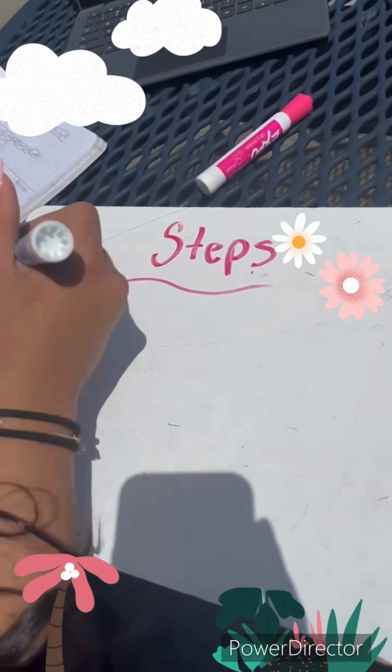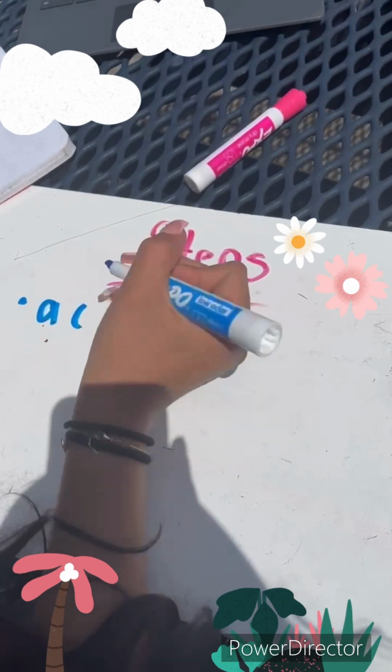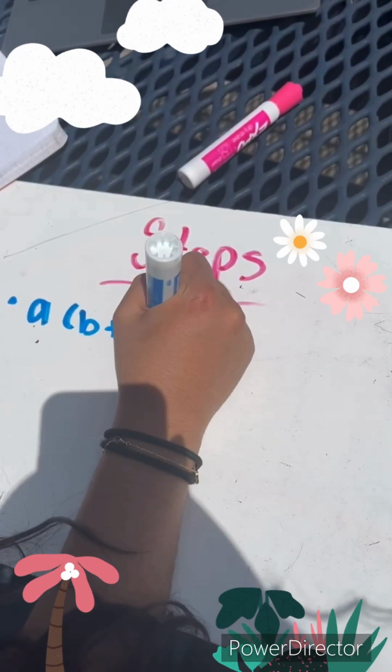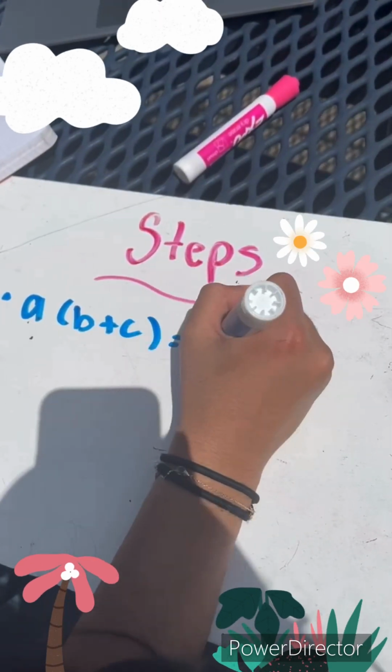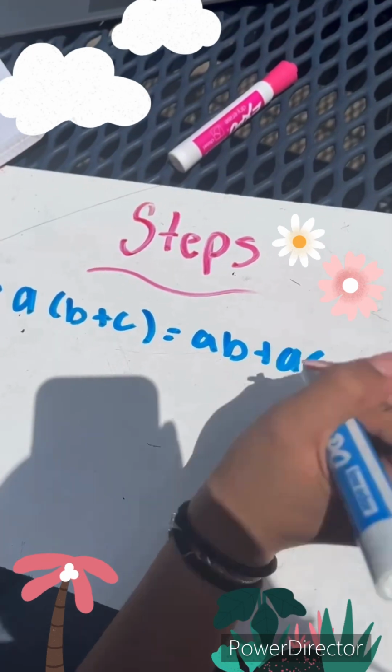Here are some examples. A(B + C) = AB + AC.